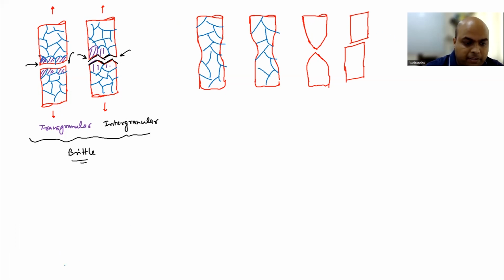So if it is transgranular, then you are going to see cracking inside the grains like this. So you are seeing some voids. We will see why voids are going to form in ductile failure. Okay. So just for now, just see that they are forming voids, and these voids are inside the grains also. So this is a typical case of transgranular.